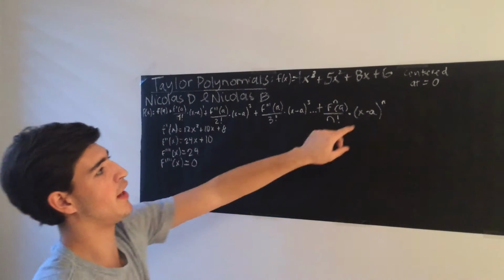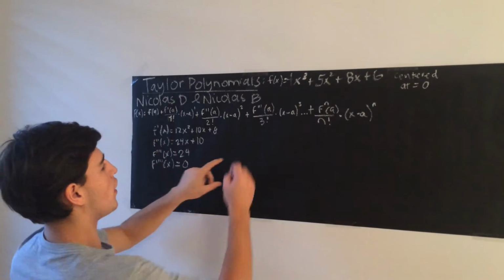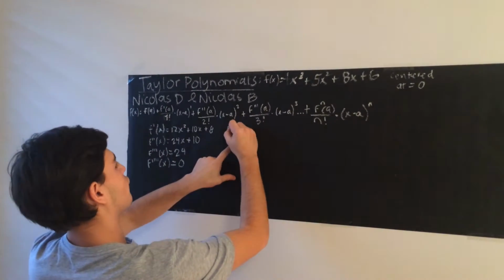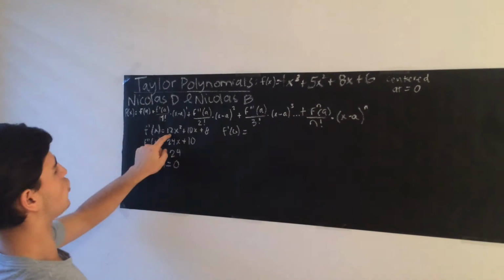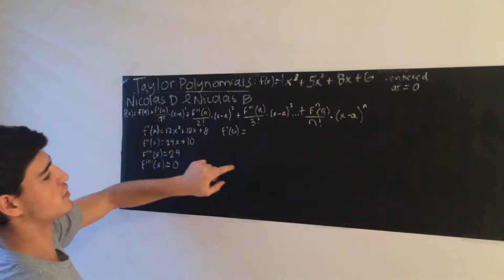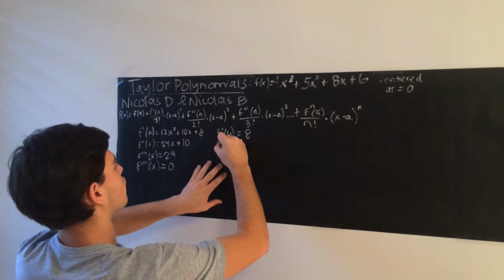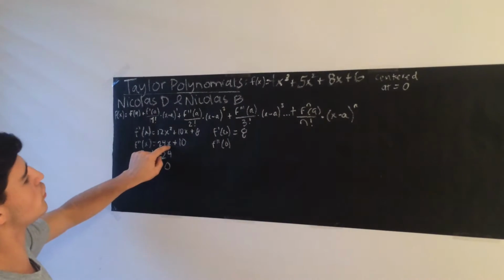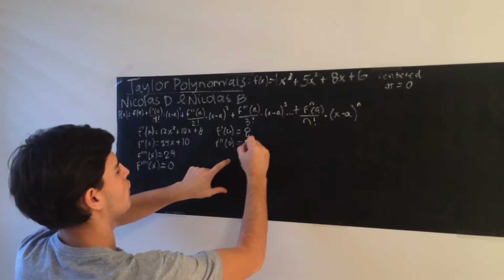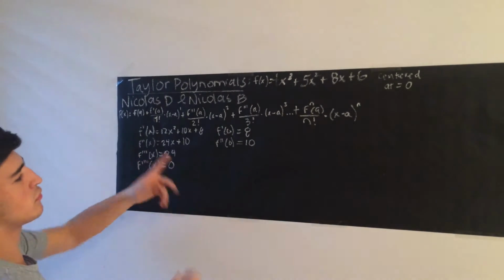Now we need to plug in our center point, so 0, in each of these equations. The first derivative of 0 equals 12 times 0 plus 10 times 0 plus 8, so 8. The second derivative will be 24 times 0 plus 10, so 10. The third derivative will be 24.